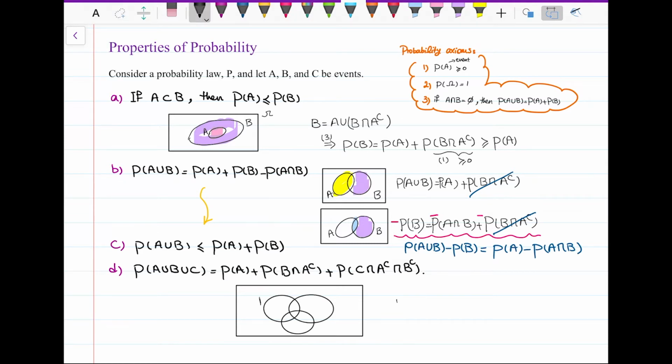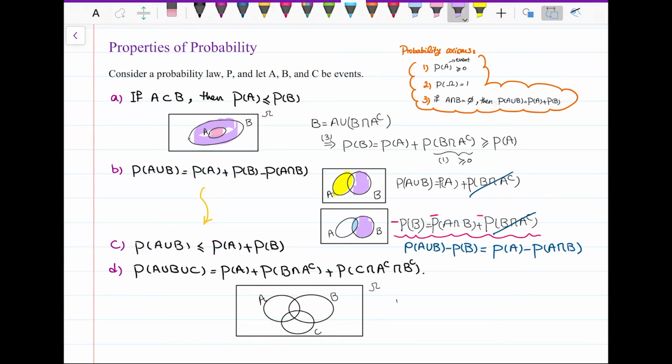So let's have one set A, one set B, one set C, and this is the whole sample space, omega. So probability of A union B union C. If I can write this A union B union C as some disjoint sets, then I'm gonna use the third axiom and I'm gonna just get the result that I want.